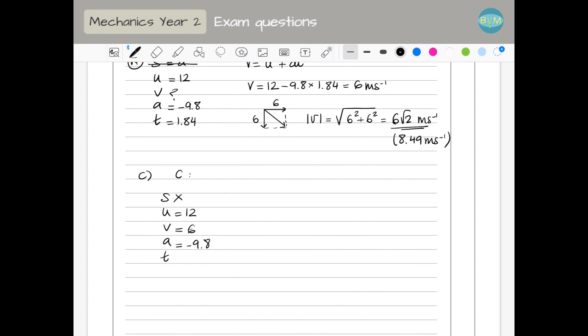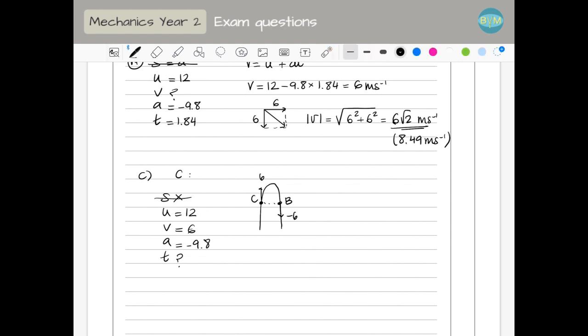And the time is what we need. So think that the particle is going up and going down, past C and past B. Both of them are at the same height, and the velocity here is 6 and the velocity here is 6. Well, it's minus 6 because it's down, yeah, but it's just symmetrical, so we can say that the velocity is 6 because it's the same as here.